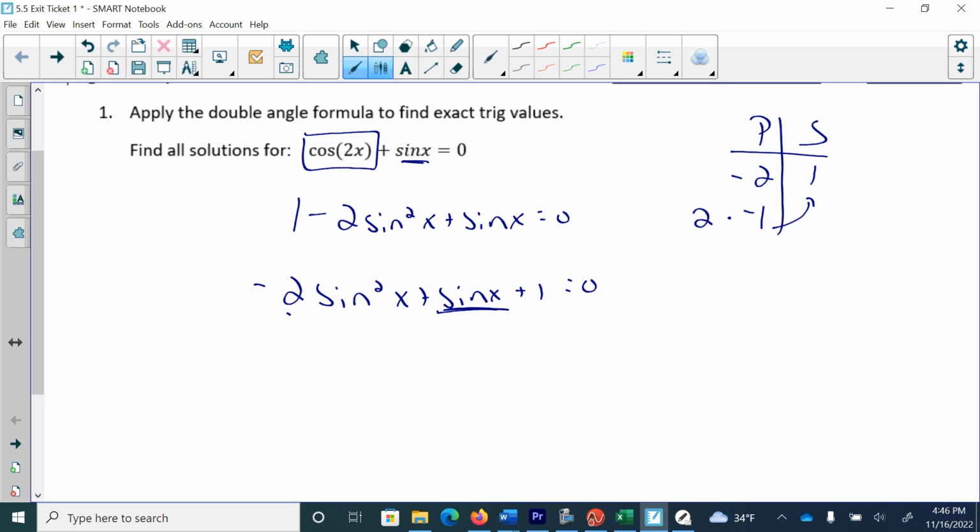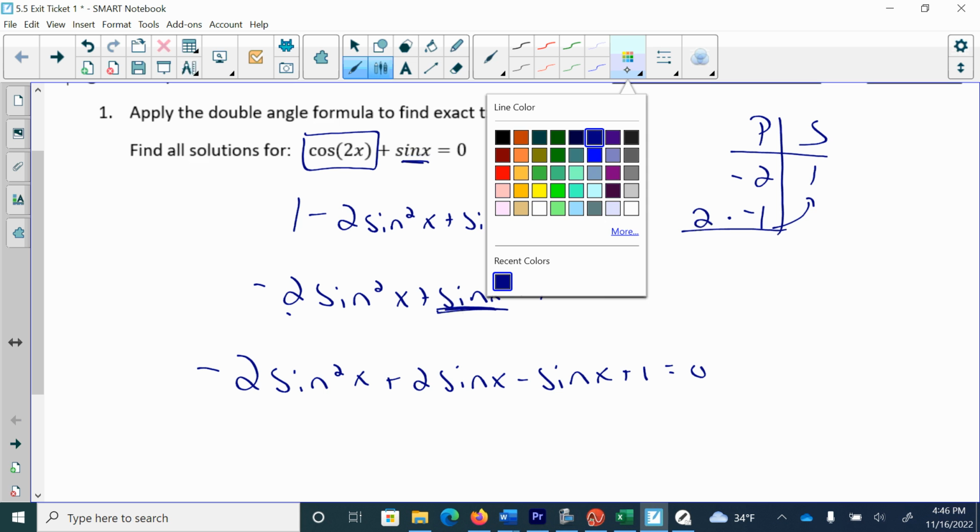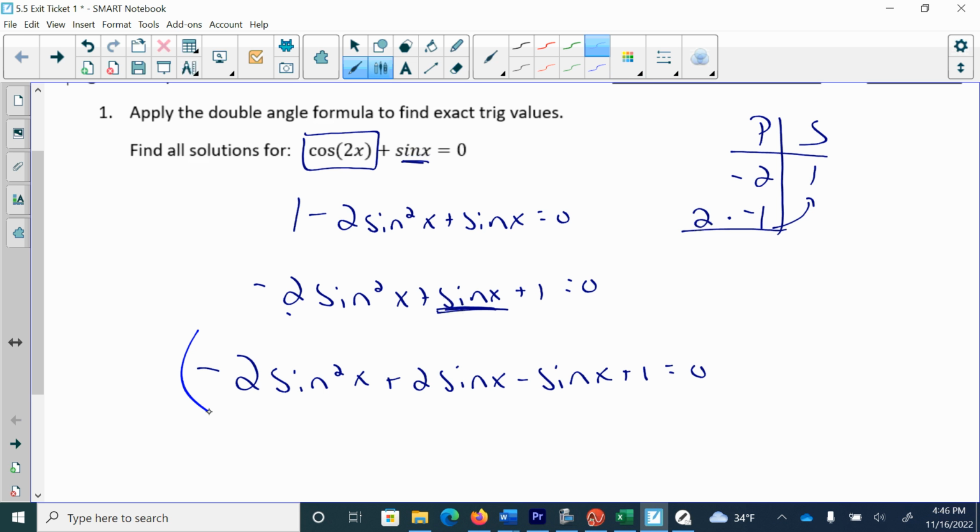So I'm going to rewrite this sine x with these two coefficients. So I'm going to have negative 2 sine squared x plus 2 sine x minus sine x plus 1 is equal to 0. Remember, when we product sum, we group the first two. So I'm grouping these two, and I'm going to group these two.